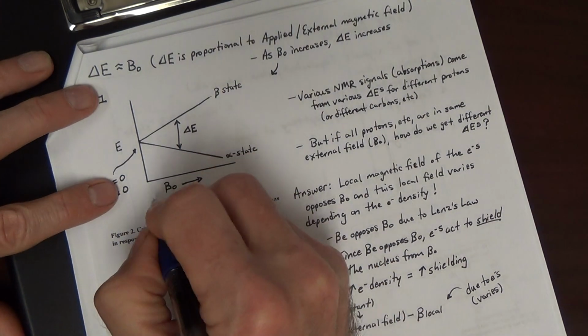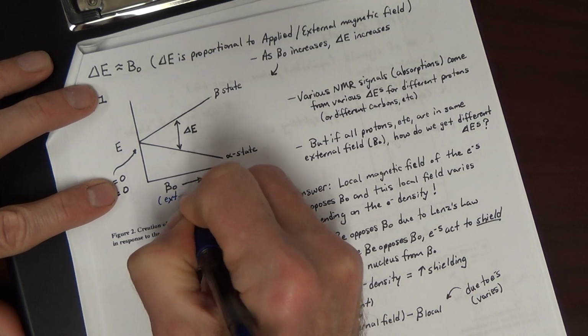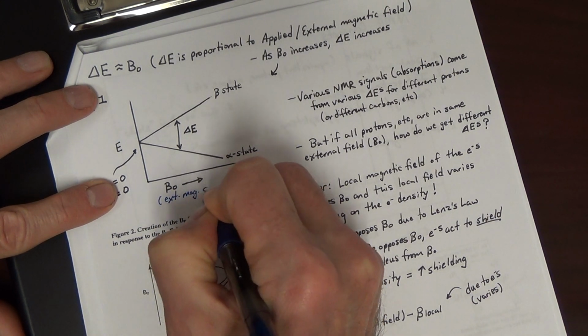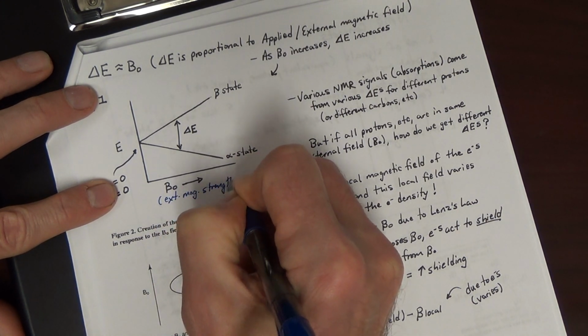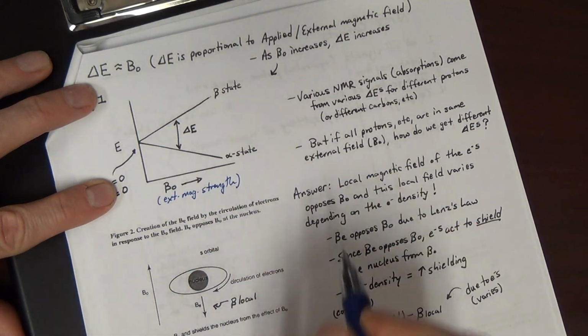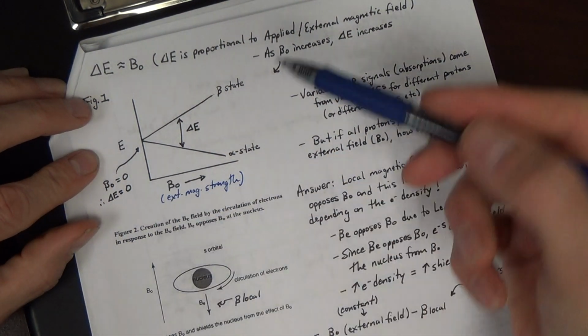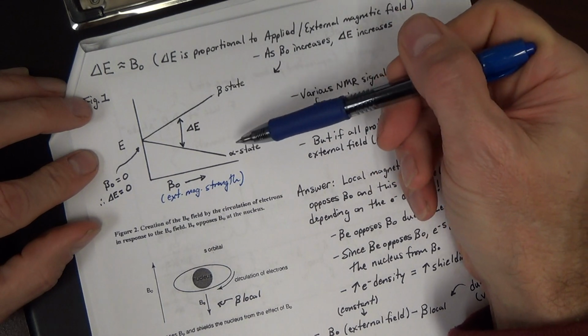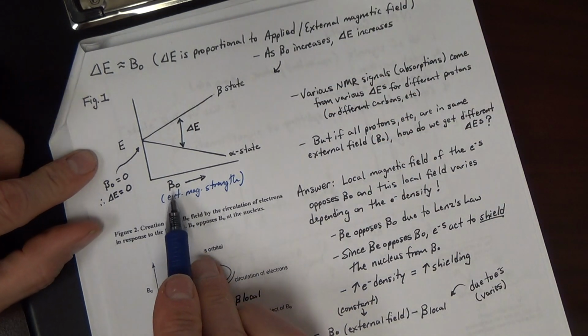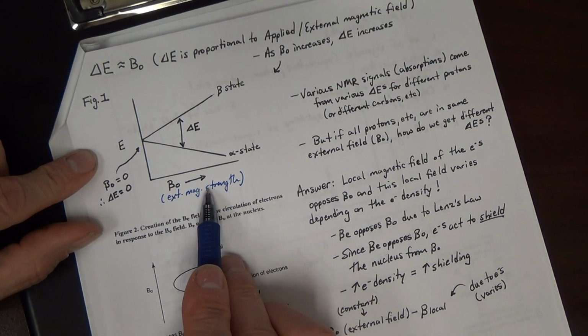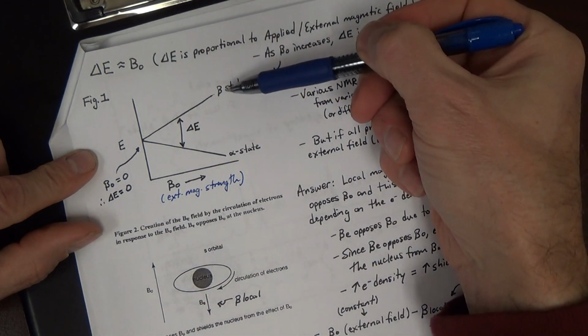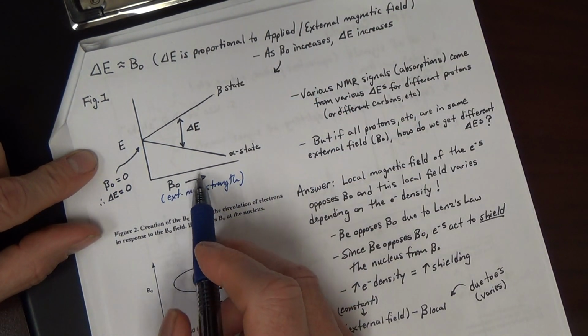B naught, okay, that's the external magnet strength again. This is showing the alpha state and the beta state. And as the external magnetic field strength increases, the gap is going to increase. Okay?